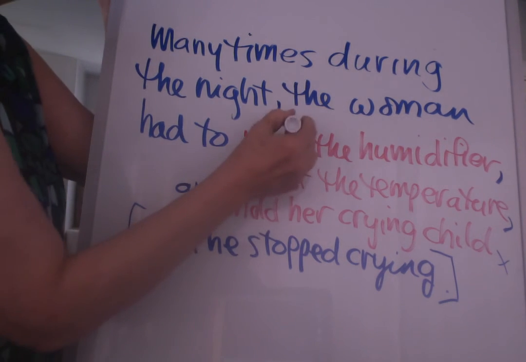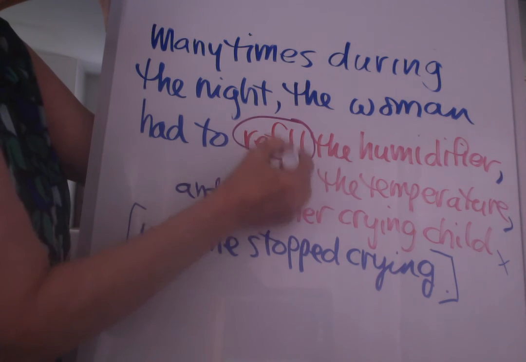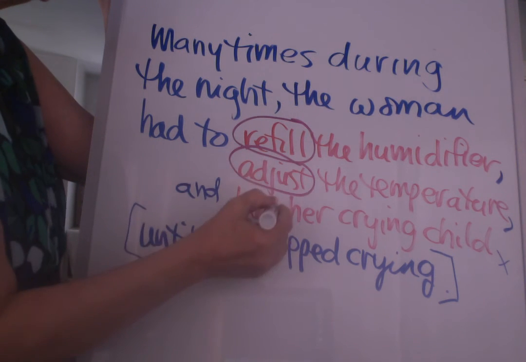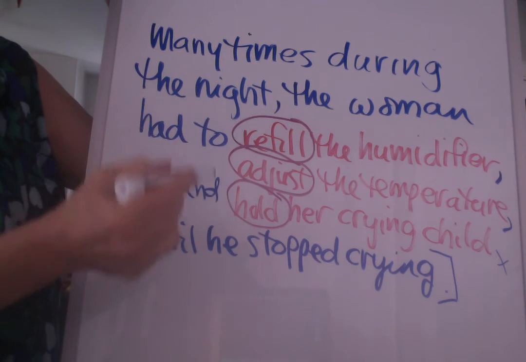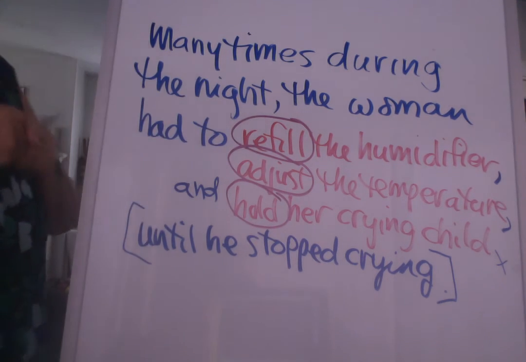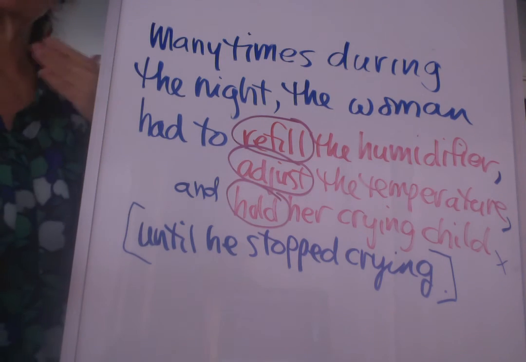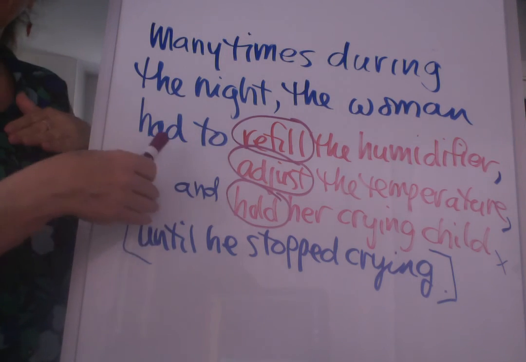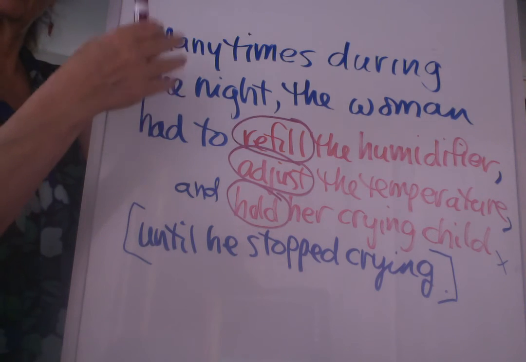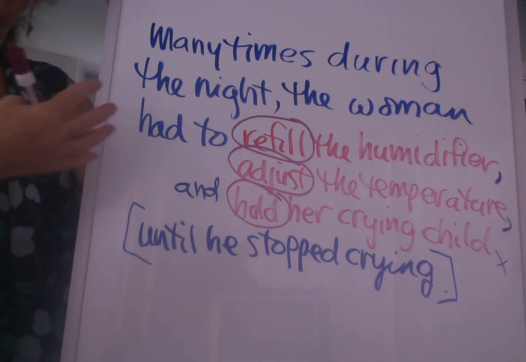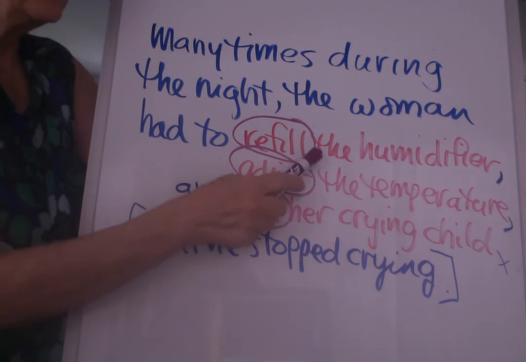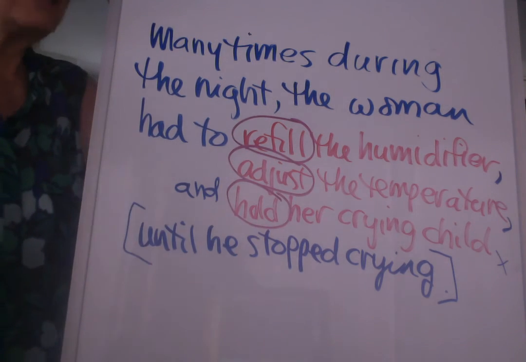Each of the verbs at the beginning is the same kind of verb: refill, adjust, and hold. They're all the same simple one-word verbs. They don't have helping verbs in front of them. They're not verb phrases. Meaning they don't have more than one word that makes up the verb. They don't have INGs or EDs. They're all the same kind of verb.